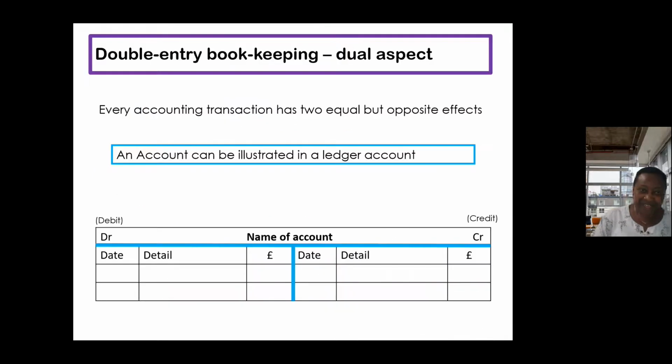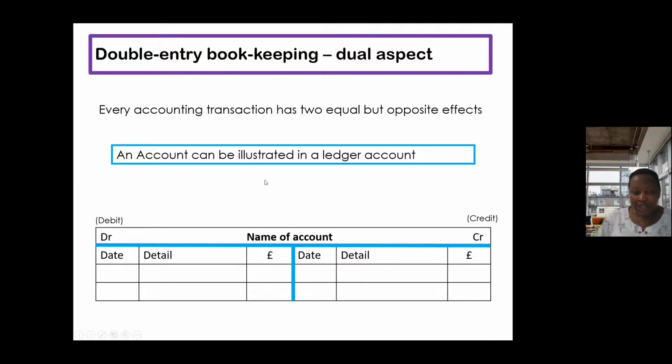Let's go. So when we were introducing ourselves to the double entry principle, we said for every credit entry, there is a corresponding debit entry. So that's the dual aspect of bookkeeping. When there is a credit entry, there would be a corresponding debit entry, and the two sides of the account would have to be equal.